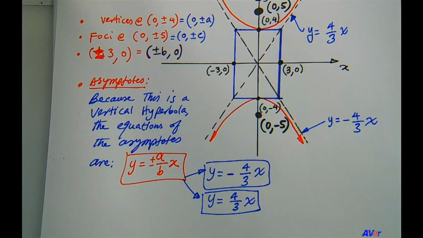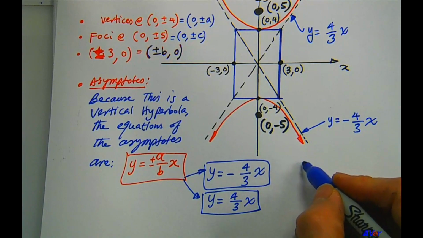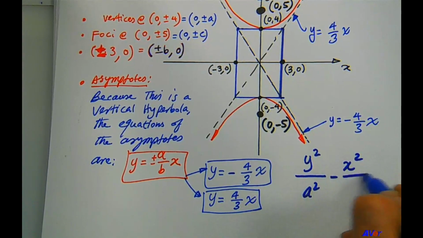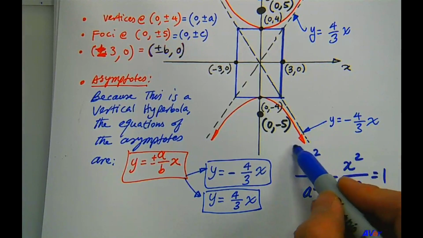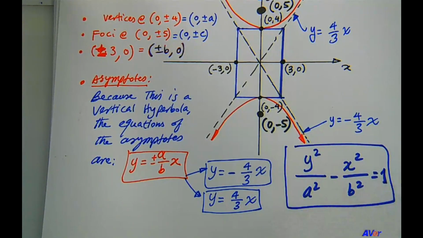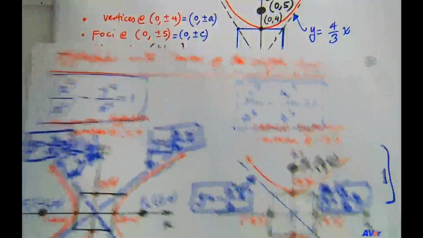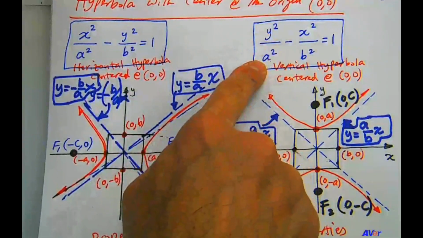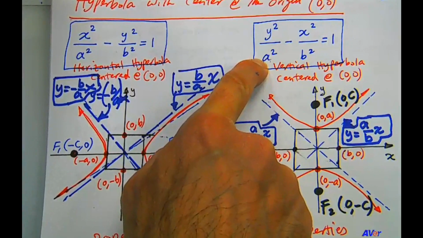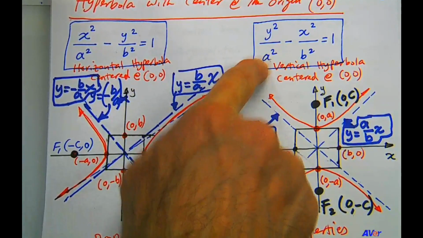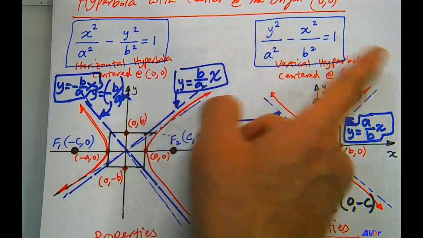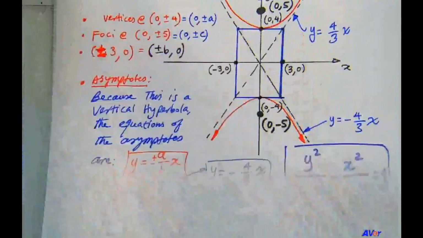The equation of this hyperbola would be y squared over a squared minus x squared over b squared equals 1, because this is a vertical hyperbola, so the a squared term, which is associated with the location of the vertices, is the denominator of the y squared term, and the rest is just minus x squared over b squared equals 1.